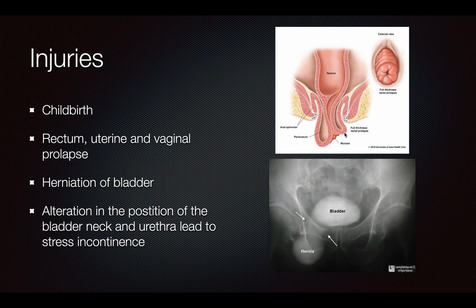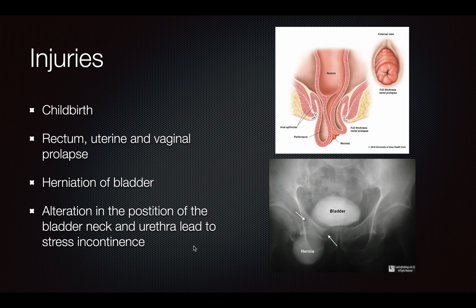In rare cases, there could even be herniation of the bladder. The alteration in the position of the bladder neck and the urethra can lead to stress incontinence, which means you're not able to control urination very well or anymore.